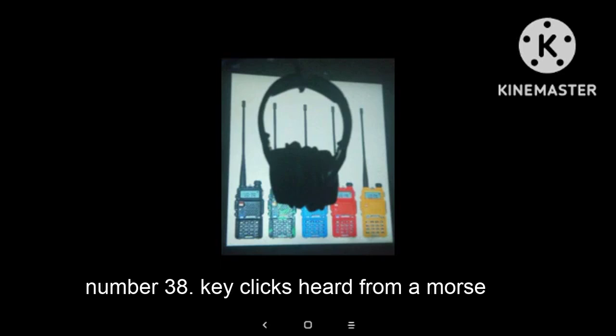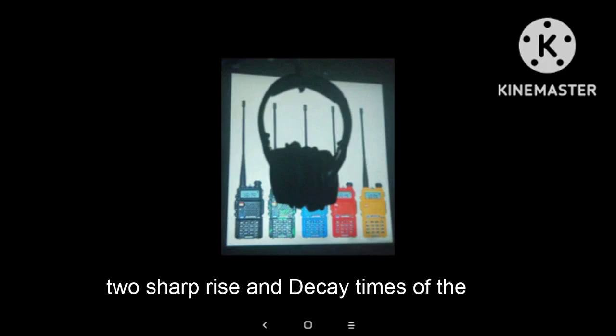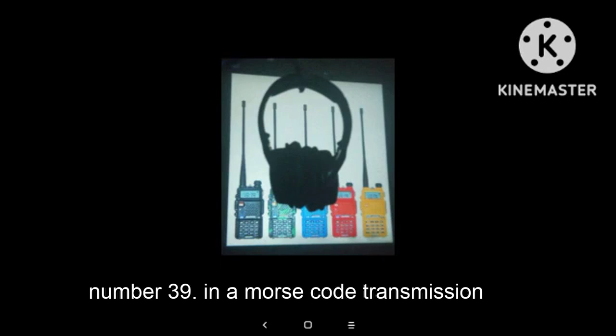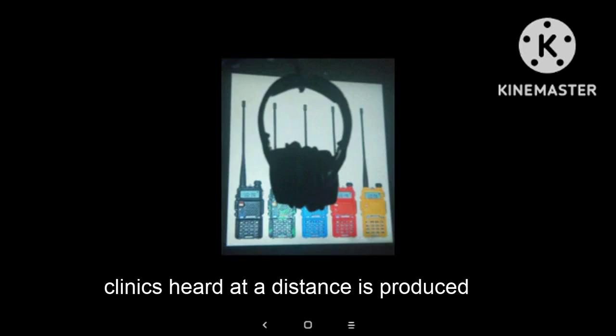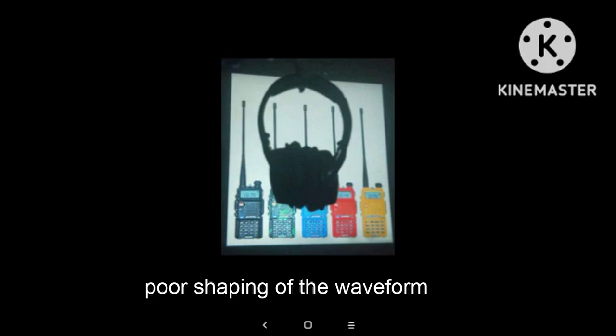Number 38. Key clicks heard from a Morse code transmitter or at a distance receiver are the results of too sharp rise and decay times of the carrier. Number 39. In a Morse code transmission, broad bandwidth RF interference or key clicks heard at a distance is produced by poor shaping of the waveform.